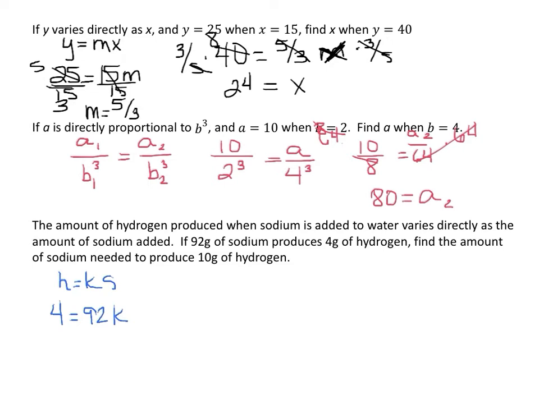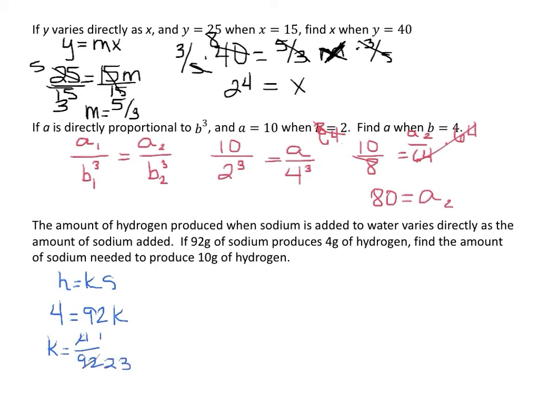So let's solve for K first. We divide by 92 on both sides and get that K is equal to 4 over 92. Which of course we simplify to 1/23.